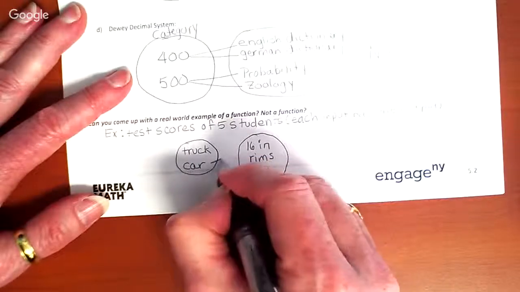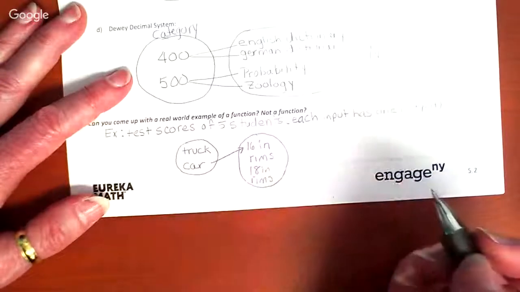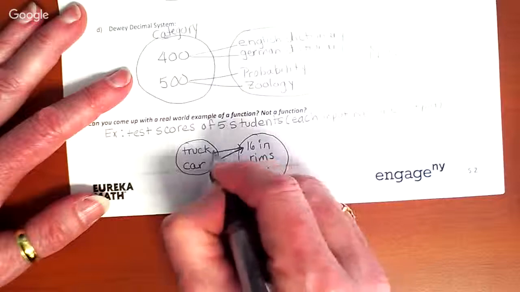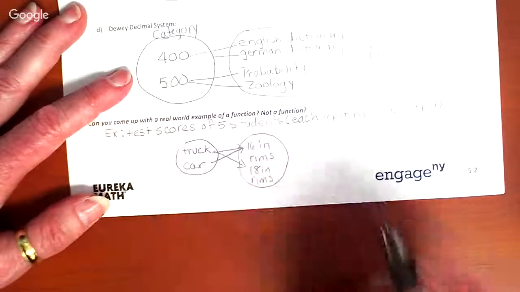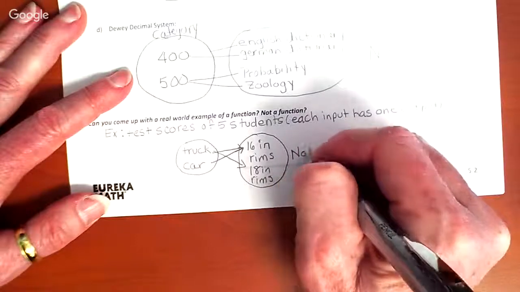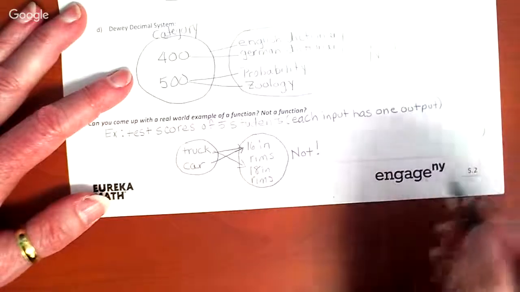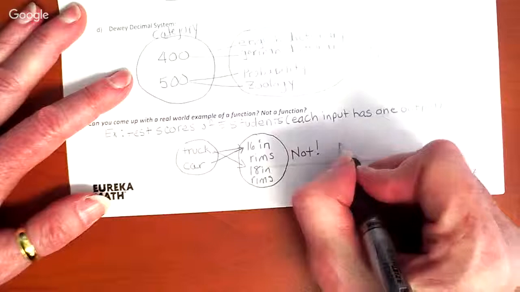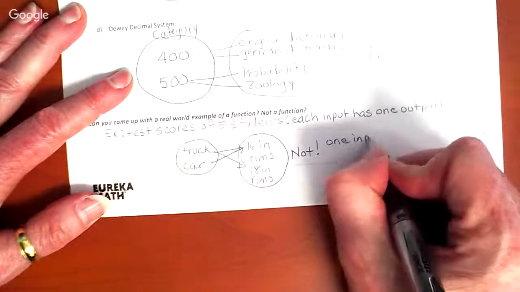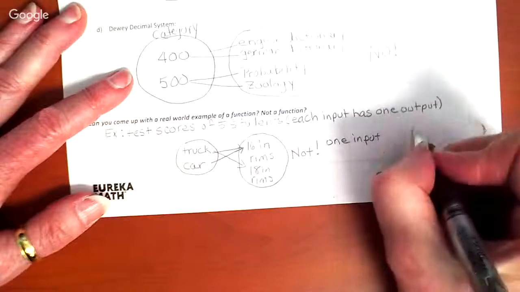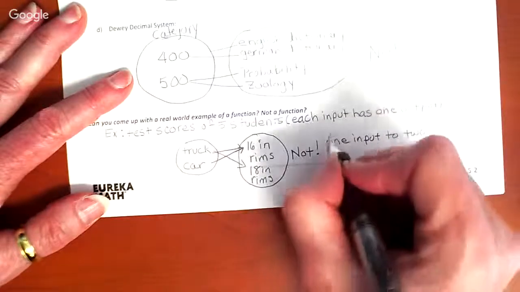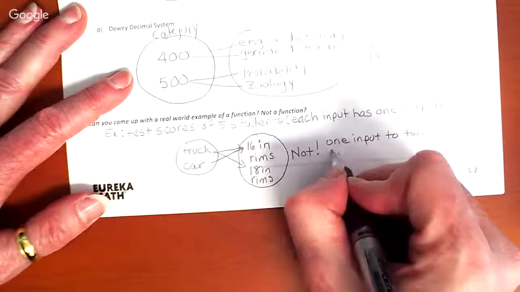Car has 16-inch rims. Truck has both 16-inch rims and 18-inch rims. Not a function. One input to 2 output values.